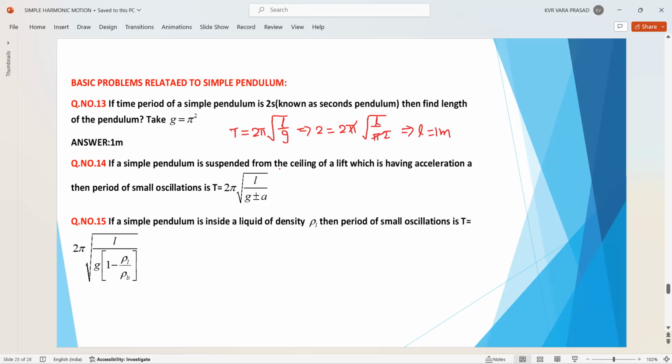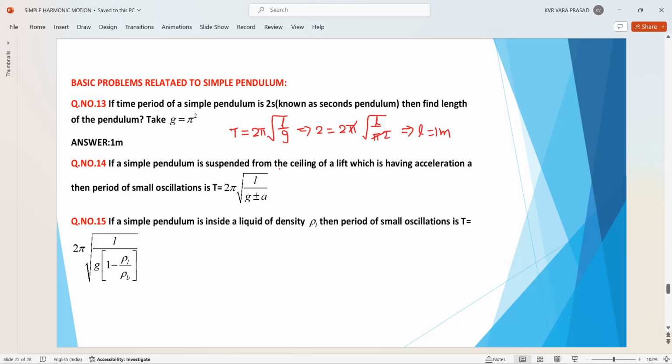That means motion what we observe from ground frame is combination of these two. But if you observe from lift frame, then we can see only oscillations. So we are solving the problem from lift frame. Now since lift is having acceleration, we have to take pseudo force.